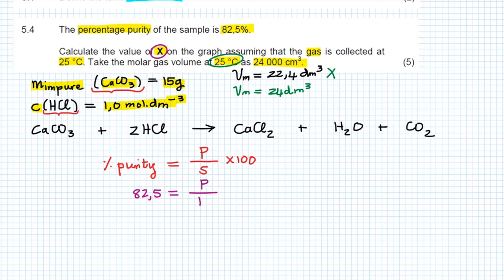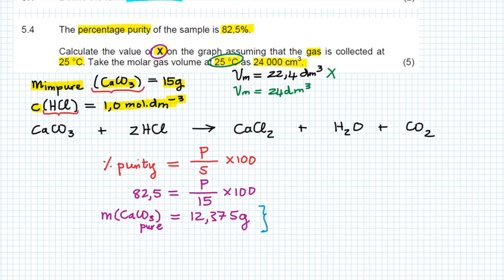The mass of the sample is 15 grams, and we multiply that by 100. When we solve for the mass of pure calcium carbonate, we find that the mass of the pure calcium carbonate, and we're going to mark this as pure, is going to equal 12.375 grams. Now please remember, you may not use the 15 grams to perform your stoichiometric calculations. Instead, you're going to be making use of the pure sample.